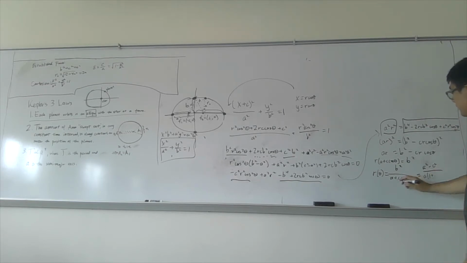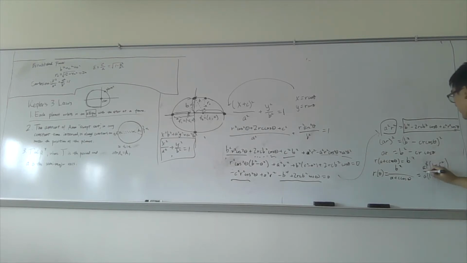And here we're going to use our definition of eccentricity. Using our definition of eccentricity, this turns to epsilon, and then we can write this as so. And we see that this also turns into, did I say theta? I meant epsilon, sorry. This turns into epsilon squared.